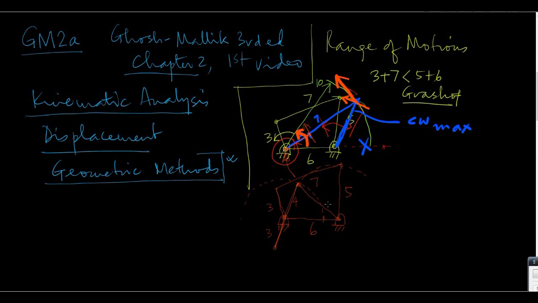This is the counterclockwise max position of this link, which again I will take blue, take a fat brush and mark this here, which corresponds to that position. Okay, very good.